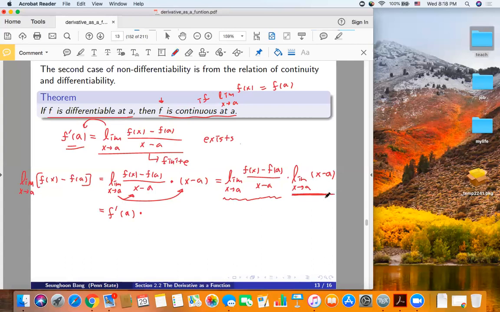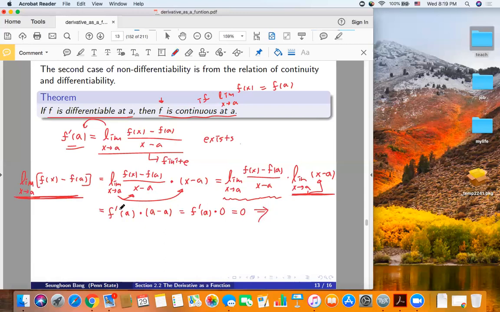You can use the direct substitution property: plug a into x, so we have a minus a. So we have f prime of a times 0, exactly 0.